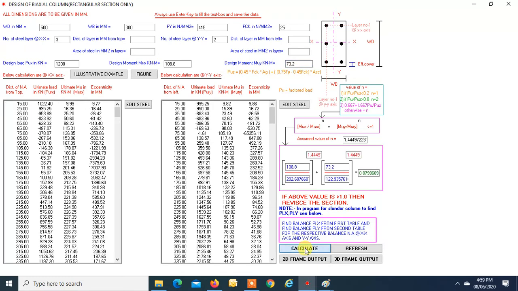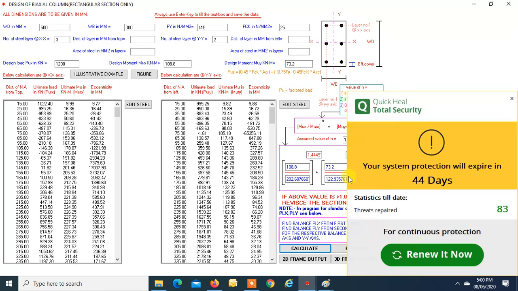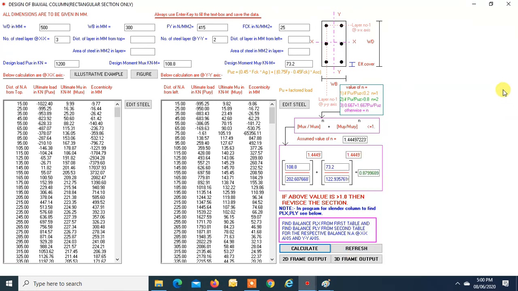It turns out to be 0.87, which is less than 1. So the section is safe, as a slender column too. So this is how we can design a biaxial column, whether it is short or slender, right?